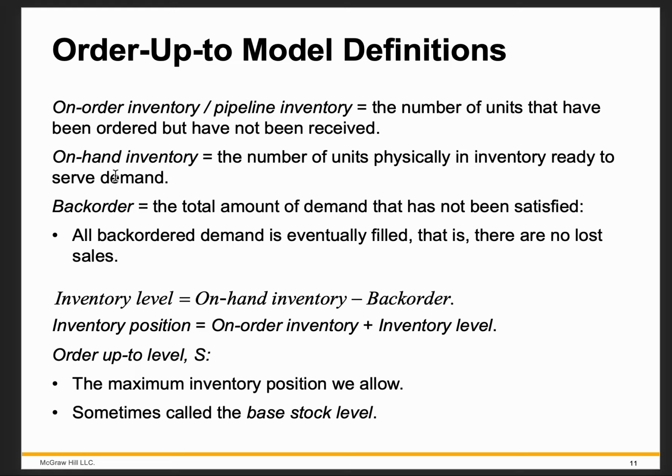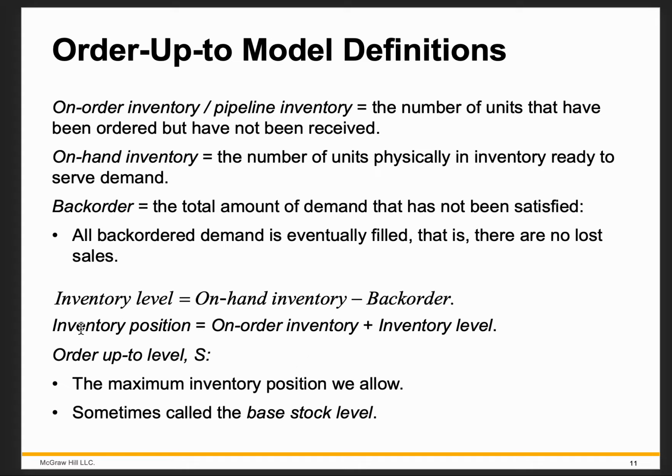So if you have no inventory on hand, and you have back ordered 4 units, your inventory level is -4. Finally, you have inventory position, which is what you have on hand plus whatever has not reached you yet minus any back orders that you have, right? So that's the inventory position.